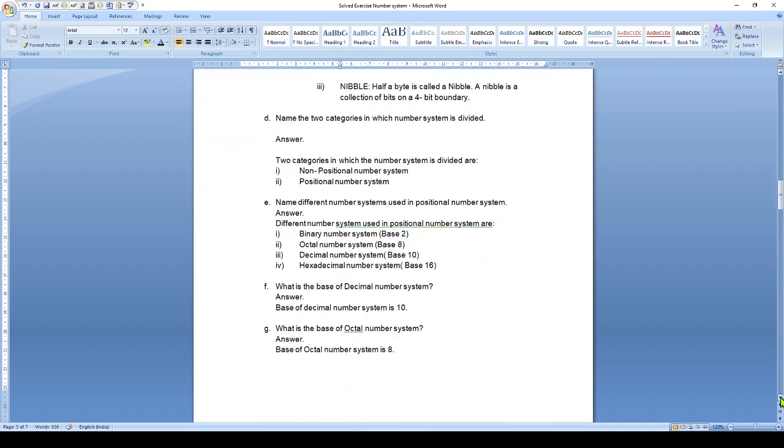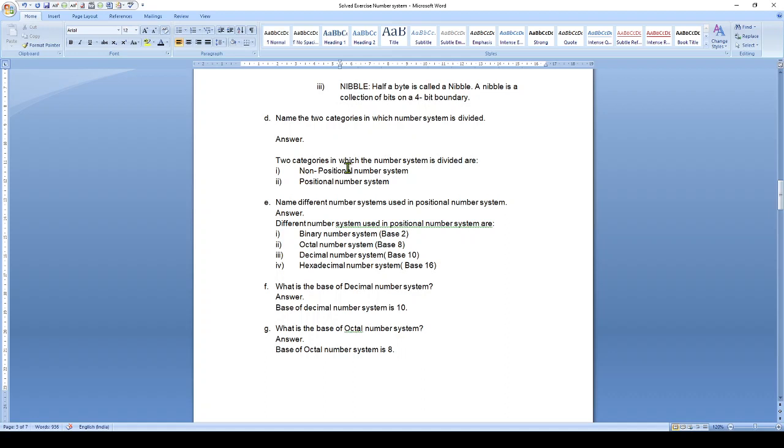Next, name 2 categories in which number system is divided. The 2 categories in which number system is divided: non-positional number system and the positional number system. Non-positional number system was used by early men.